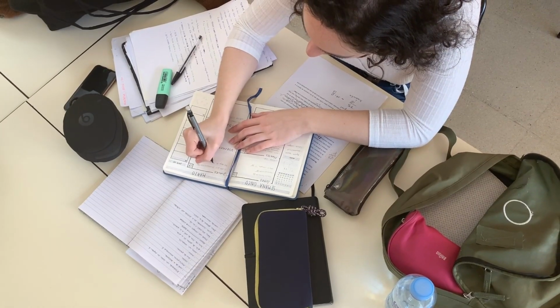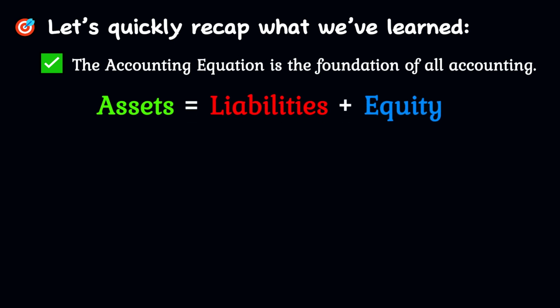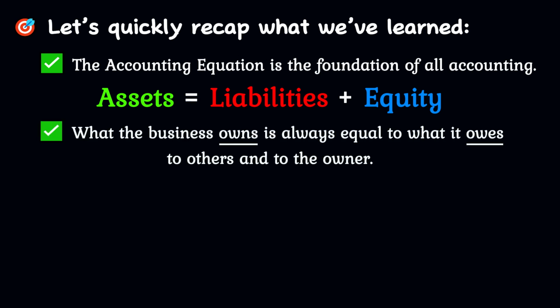Now, let's quickly recap what we have learned. The accounting equation is the foundation of all accounting. It says assets equal liabilities plus equity. This means what the business owns is always equal to what the business owes to others and to the owner.